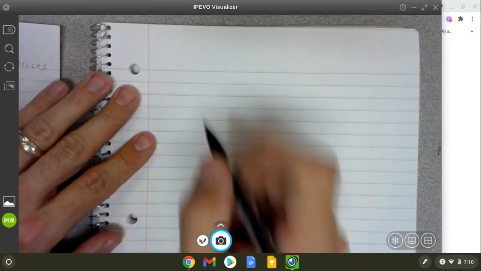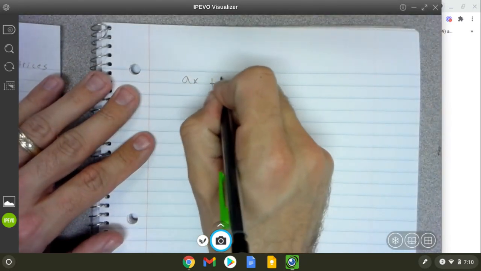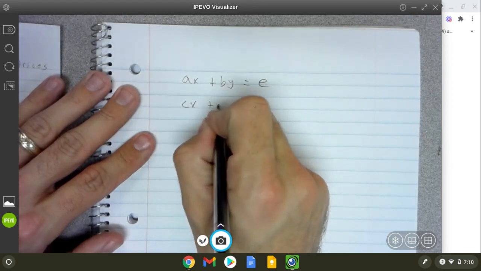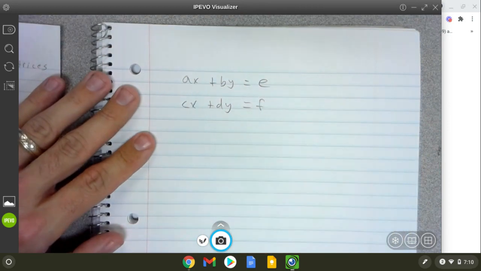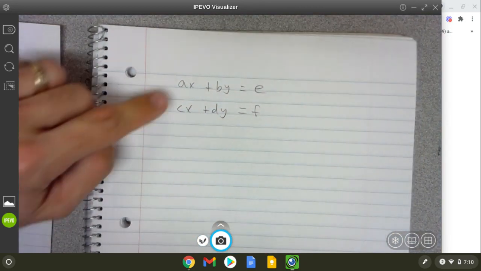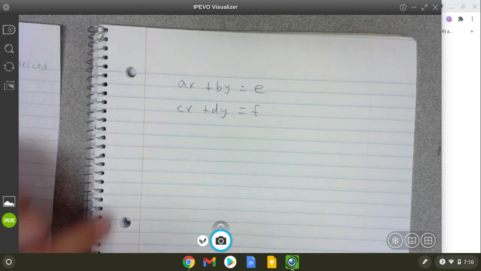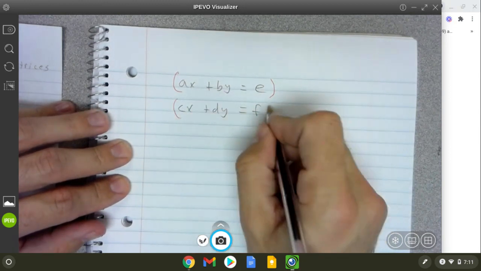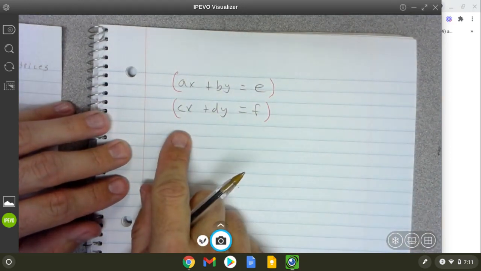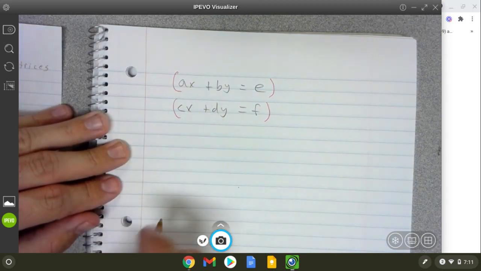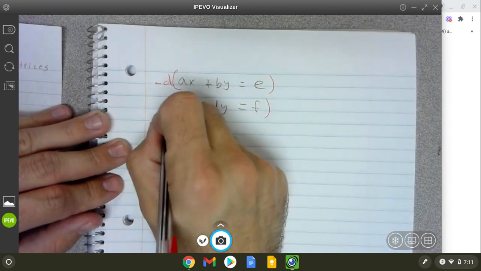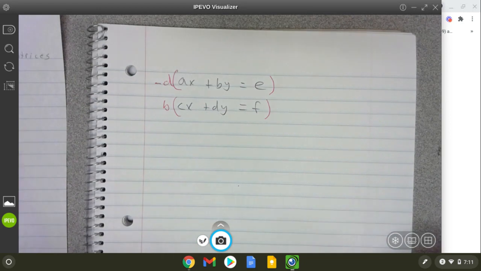Now I'm going to go back to the same system: AX plus BY equals E, and CX plus DY equals F. But this time, instead of canceling out the X's, I'm going to cancel out the Y's, and in so doing, we're going to be solving for the X. So I'm going to multiply my top equation by negative D, and I'm going to multiply the bottom equation by B. The reason I did the negative is so that I can add the equations.